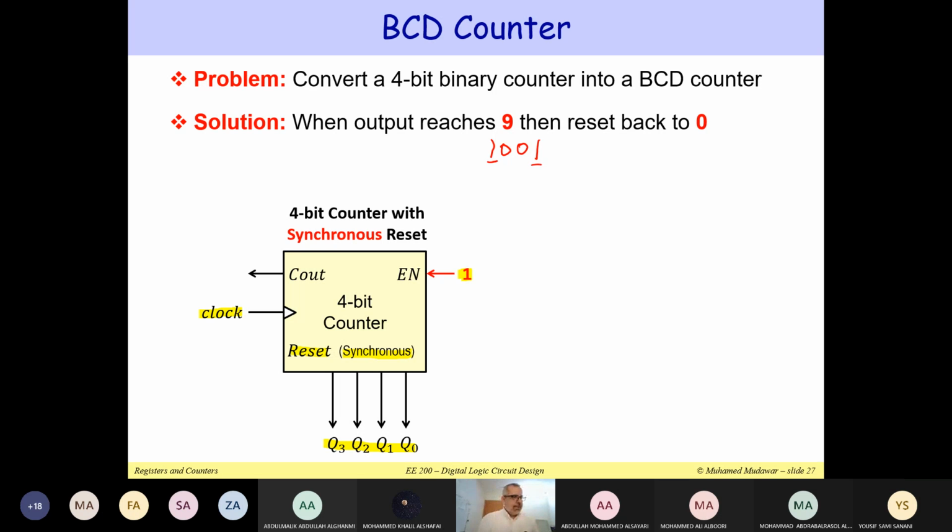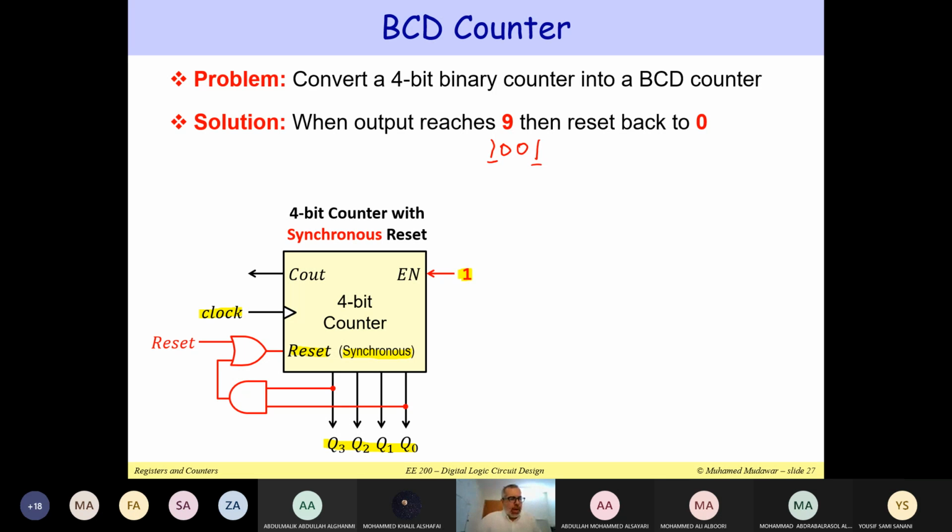Look at the number in binary. It's a simple matter, not difficult. Okay, so look at the number in binary. It's 1001. So focus here on Q3 and Q0 in this example.